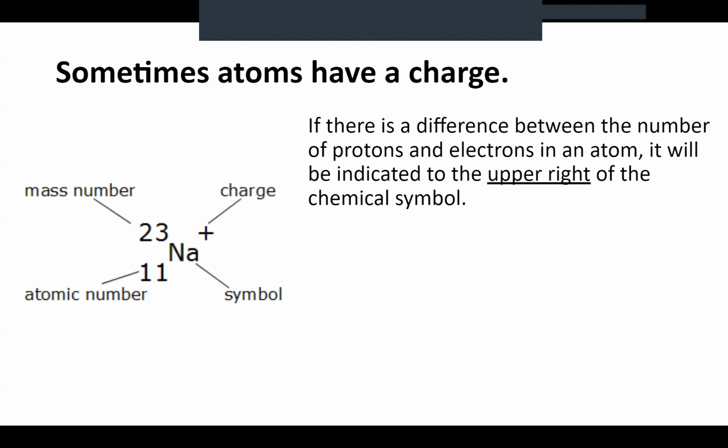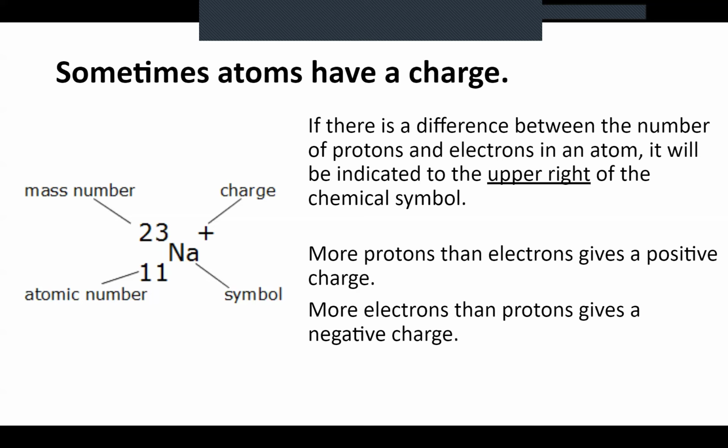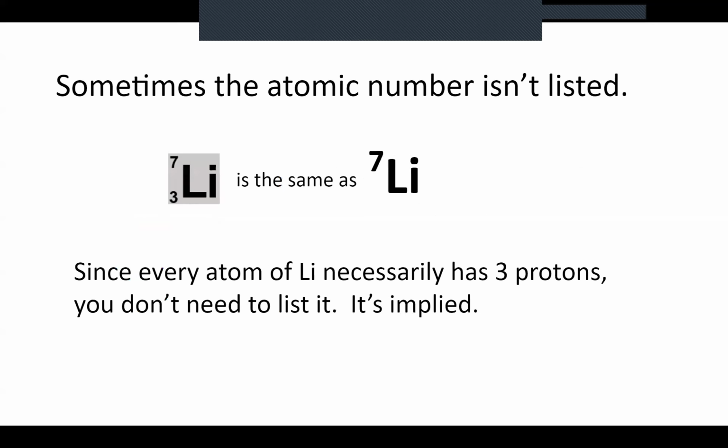When the number of protons exceeds the number of electrons, we have a positive charge. If no number is written after the plus, it means +1. If it's +2, that means there are 2 more protons than electrons. If there are more electrons than protons, then it's the opposite case. We'd put a minus for the charge if it's a difference of 1. We would write -2 if it's a difference of 2, -3 if it's a difference of 3.